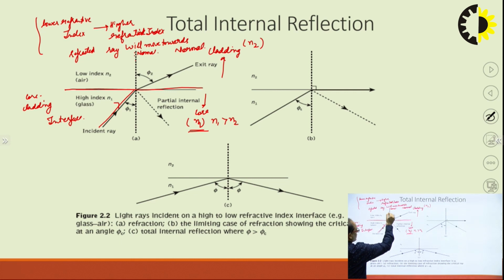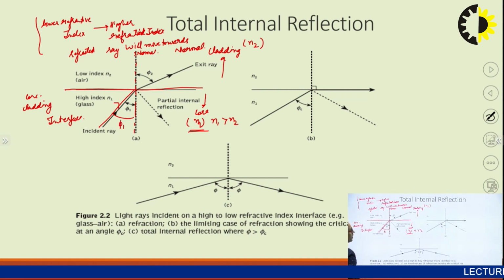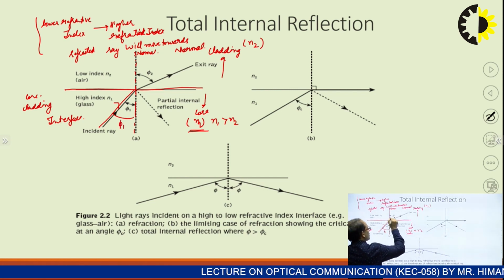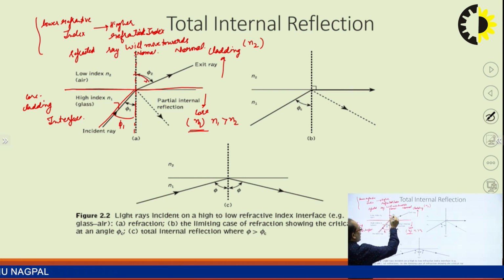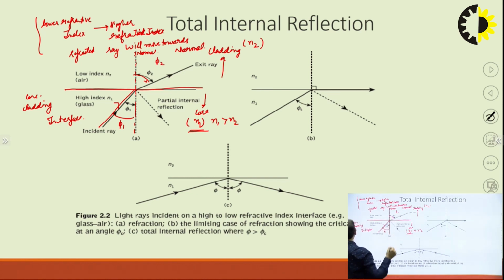If the ray strikes the core cladding interface at an angle of phi 1, and the ray is refracted at an angle of phi 2 from the normal, then phi 1 is less than phi 2.